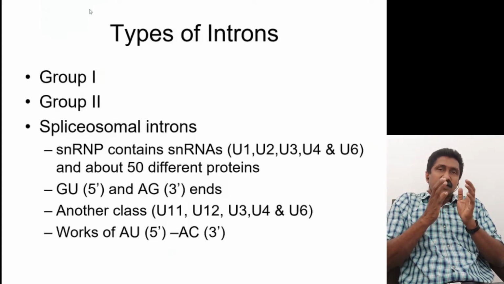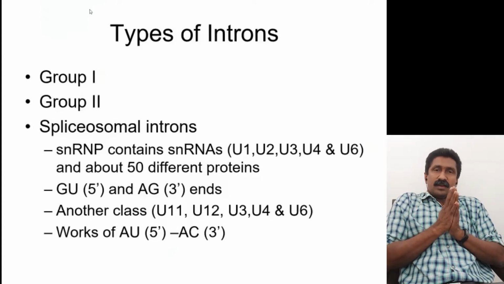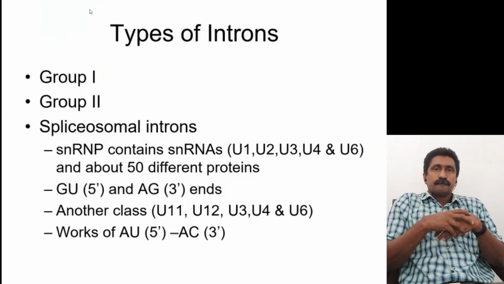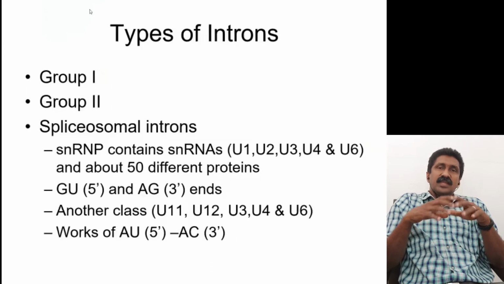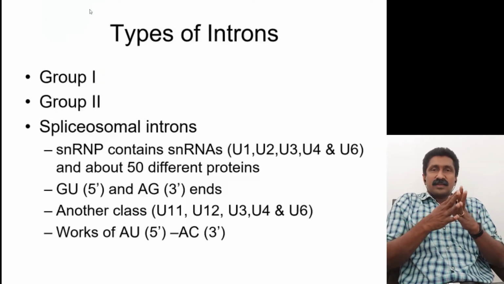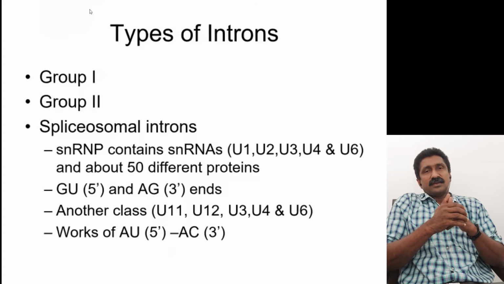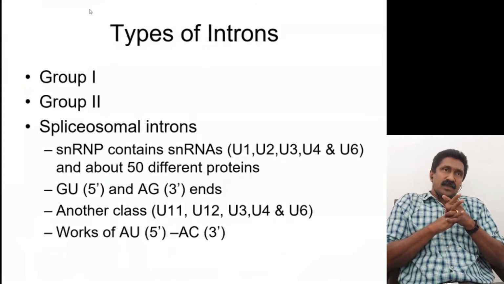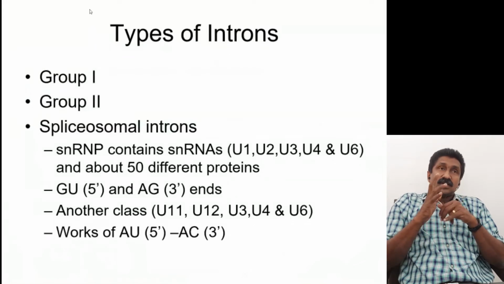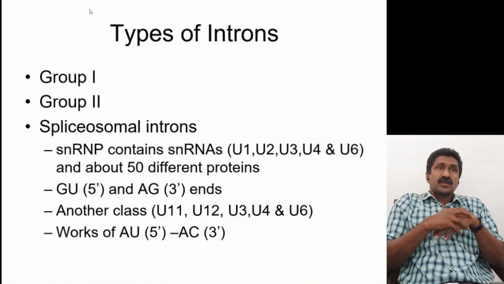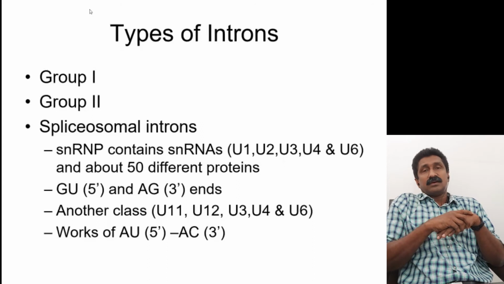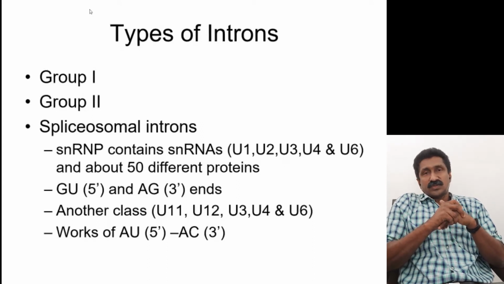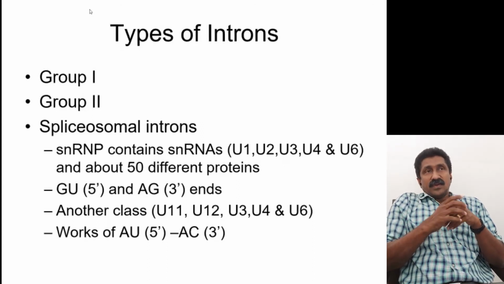The intron processing or intron removal is also known as splicing, and splicing has various mechanisms, based on the type of intron present in the mRNA. So there are basically group 1 introns, group 2 introns, and some other splicing based on spliceosomal introns. And we will see it in detail.